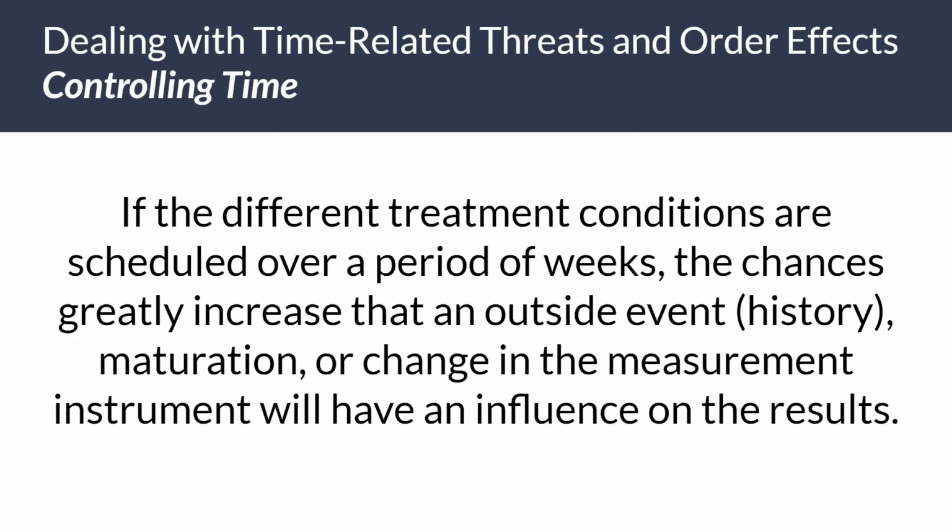So what we can do is that we can try to shorten the span of the experiment. For example, instead of doing that for 3 weeks, let's try to do it in 3 days. However, if you do it that way, there's another threat, and what is that? Practice effect or fatigue. That's why you need to find a balance between stretching your experiment or compressing your schedule.